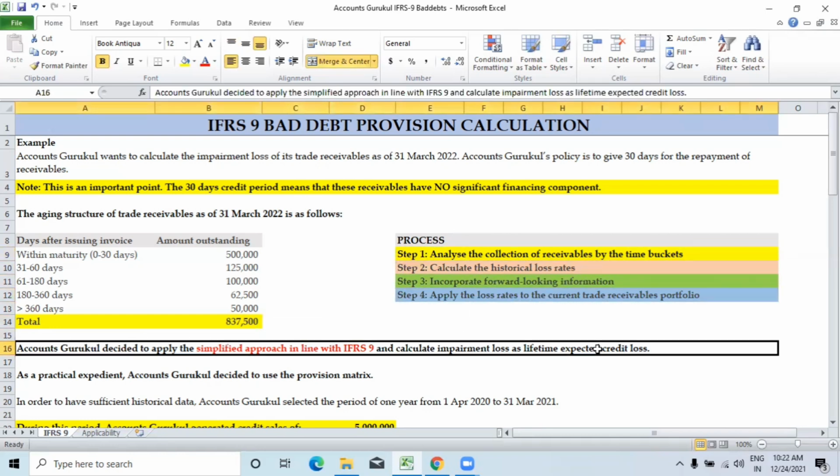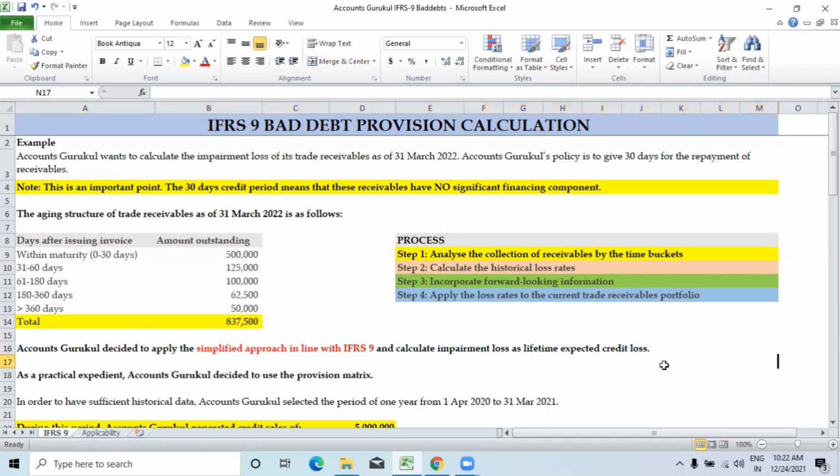Now, if you see here, Accounts Gurukul decided to apply the simplified approach in line with IFRS 9 and calculate impairment loss as lifetime expected credit loss, LECL.